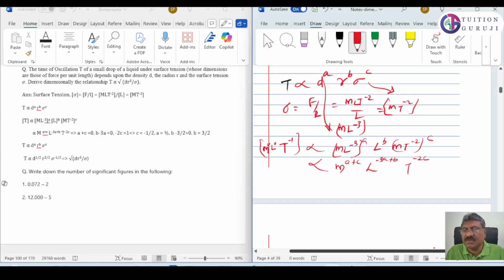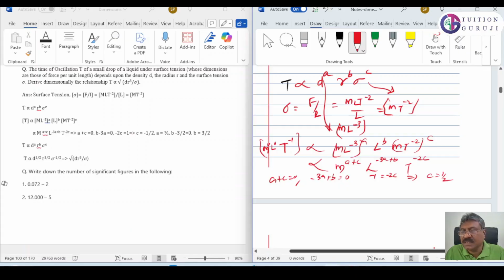So we can write A plus C is equal to 0, then minus 3A plus B is equal to 0, and minus 1 is equal to minus 2C, which implies C is equal to 1 by 2.